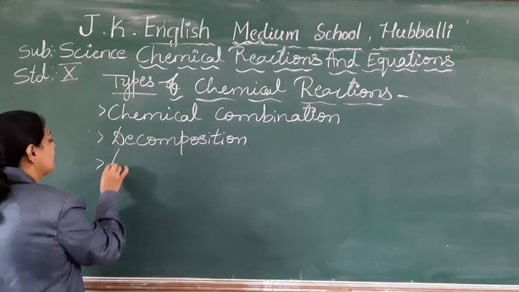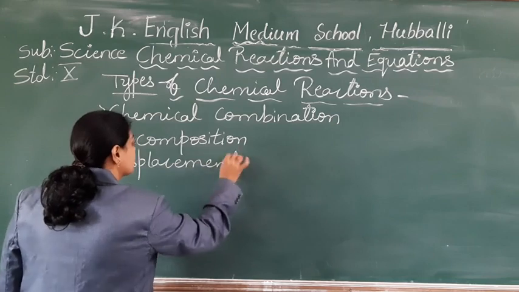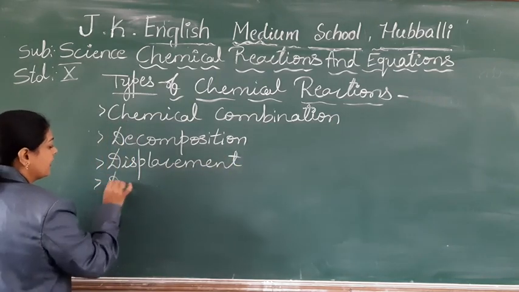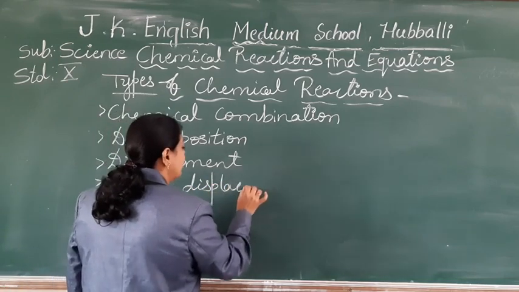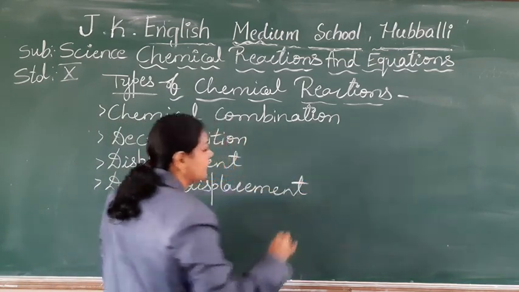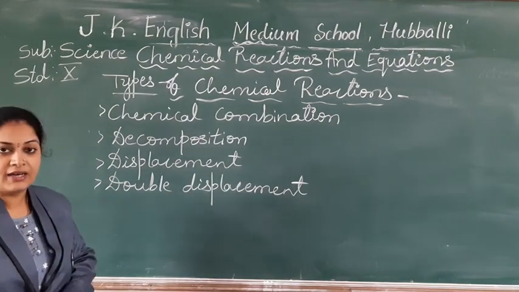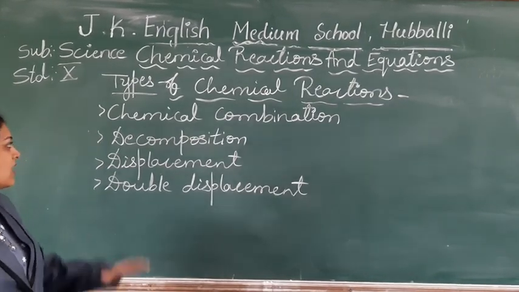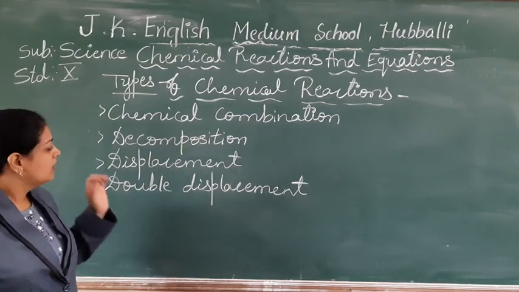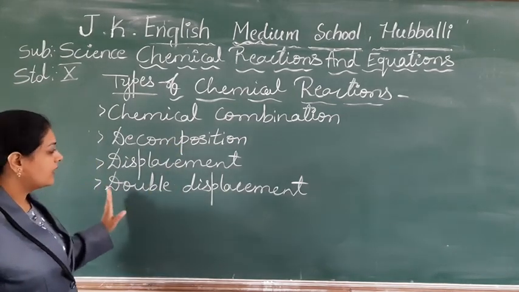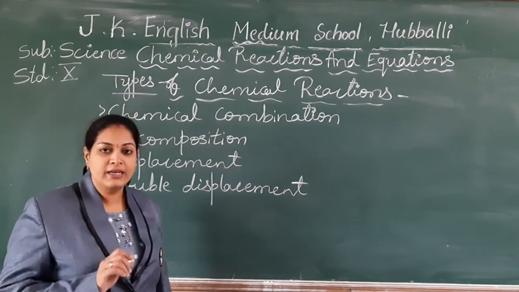The third one is chemical displacement reaction, and the fourth one is chemical double displacement reaction. Okay students, so these are the 4 types of chemical reactions which we are going to discuss: chemical combination, chemical decomposition, chemical displacement, and chemical double displacement. So let us study one by one in detail.